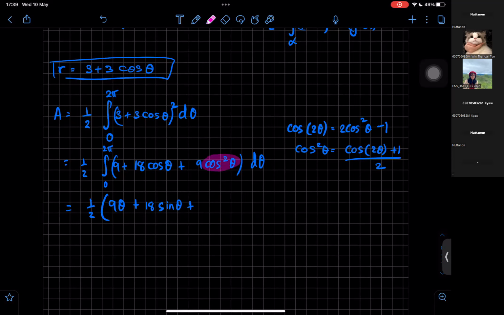Because it's easier to integrate. So this thing will be left with the integral from 0 to 2 pi of 9 over 2 times cos 2 theta plus 1.